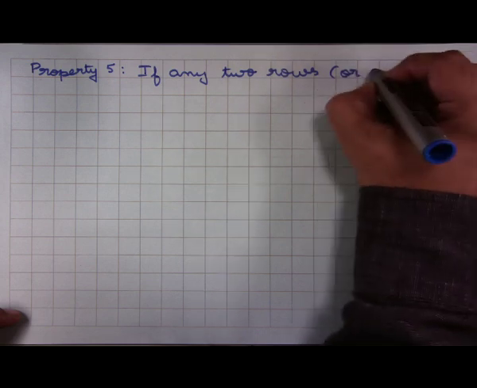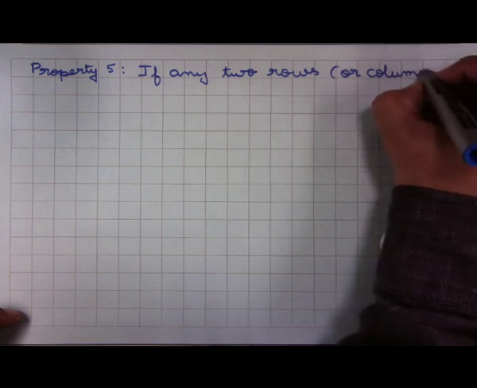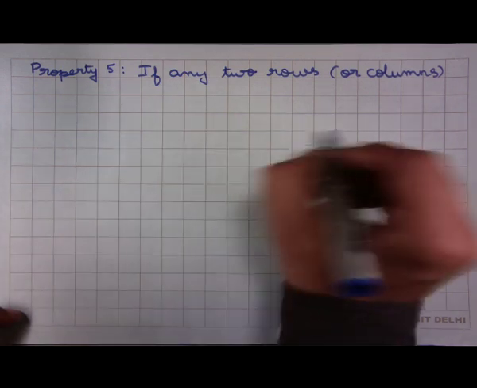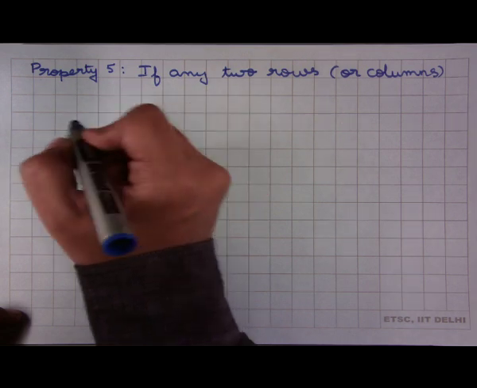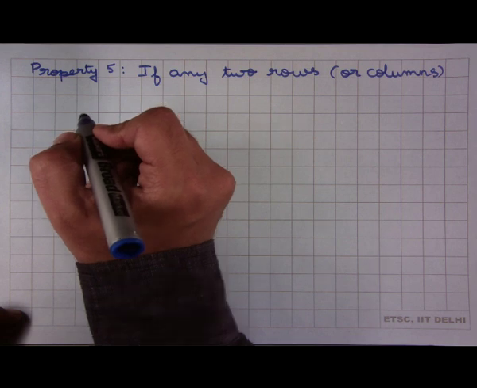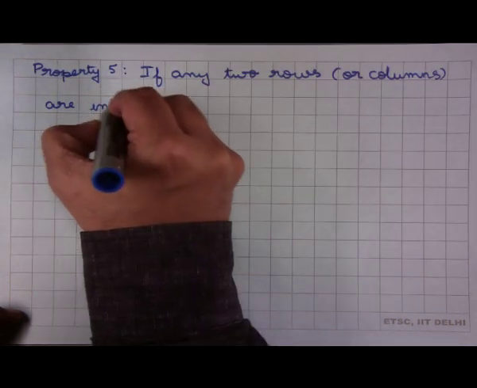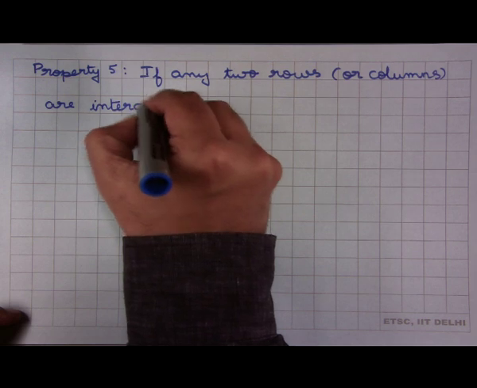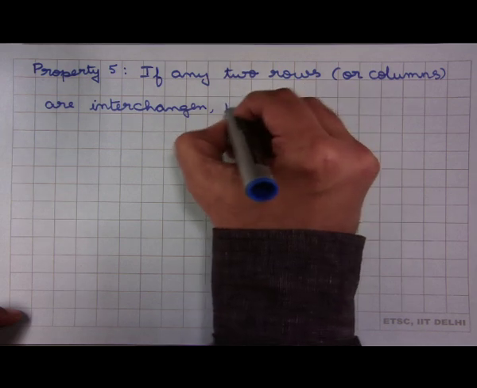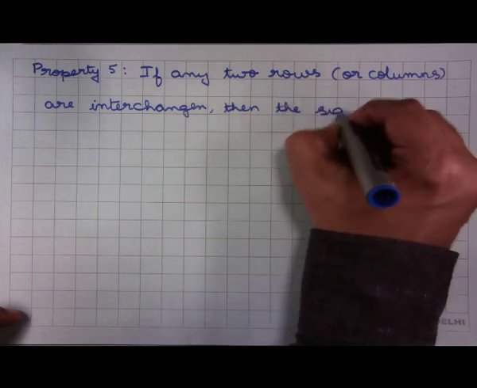Again, there is this kind of a duality between rows and columns, in the sense that what we say about one applies equally well to the other, and that follows because a matrix and its transpose, where you interchange the rows and columns, have the same determinant.